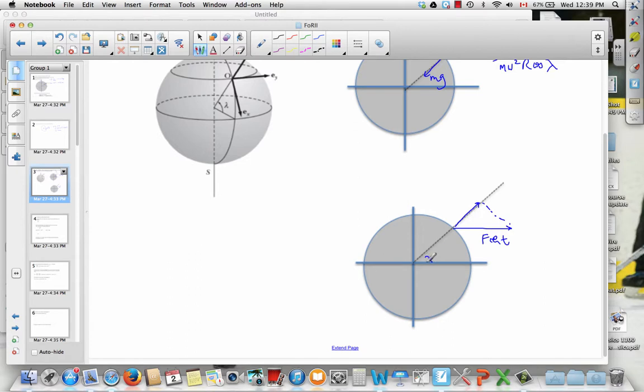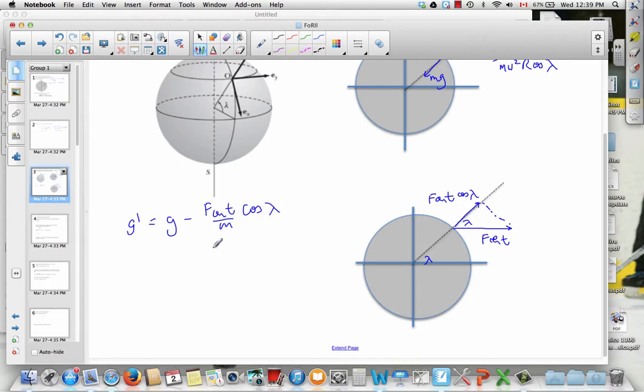Now, if the latitude is lambda, then this is a corresponding angle, so we see we actually have a cos lambda component there that's going to be outwards. So the local gravitational field at latitude will be the centrifugal force cos lambda, and then I'm just dividing by mass.